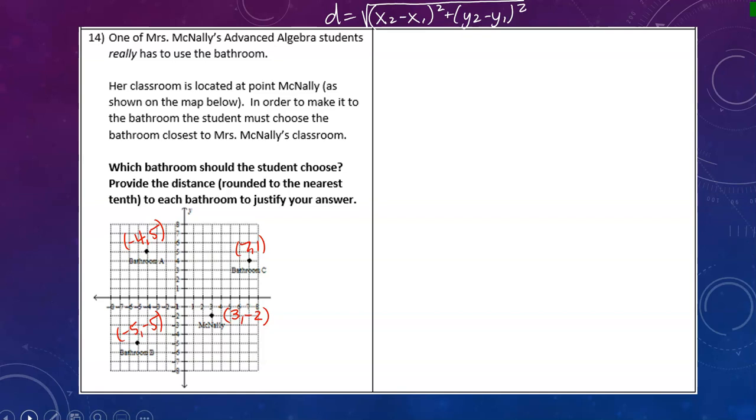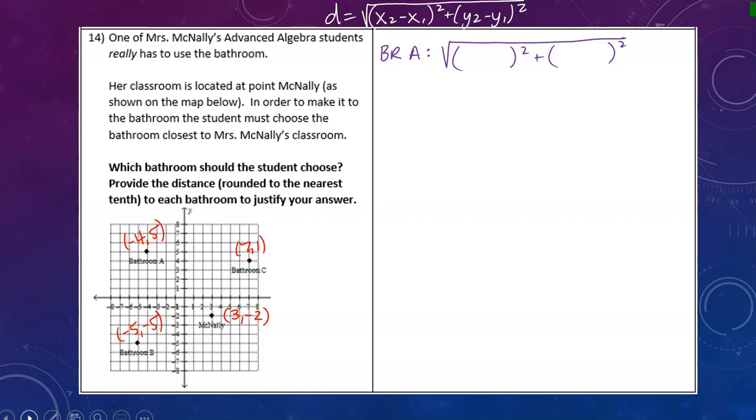All right, so let's do bathroom A first. We'll just go in alphabetical order. So I have to make sure that I'm using the right points, and I'll actually write down the 2 points that I'm going to use here.